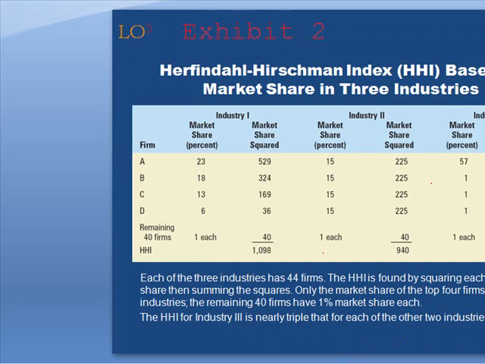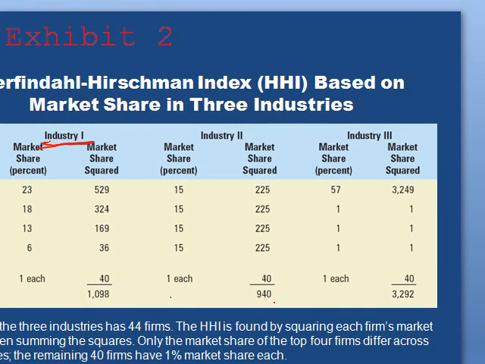So let's look at a couple other examples. We see Industry 1, whose HHI is 1,098. For the second industry, it is 940, and for the third, it's 3,292.